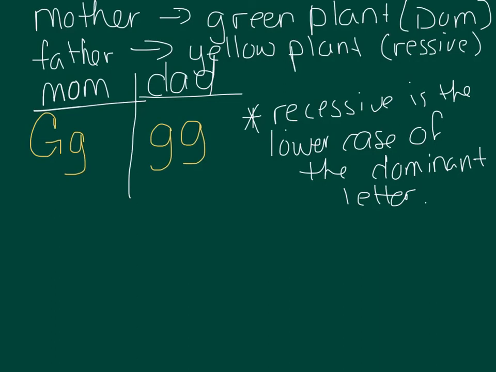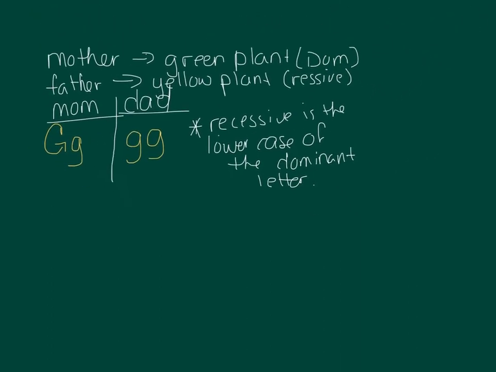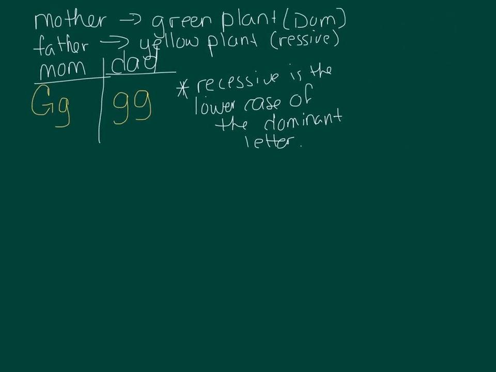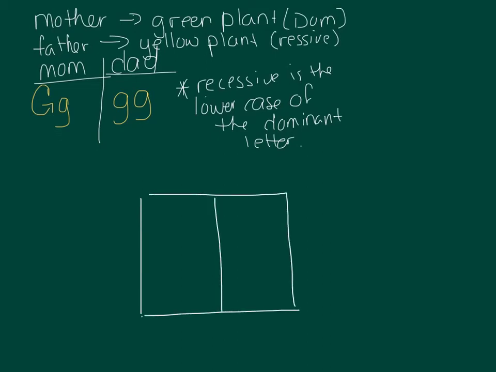Okay, so what I'm going to do now is extend my page a little bit, so I've still got that information, but I'm going to be able to draw my Punnett square now. Remember, it's a box that looks like a 4 square. And I'm going to try my best to color code this. Mom's goes on top, like we said before.